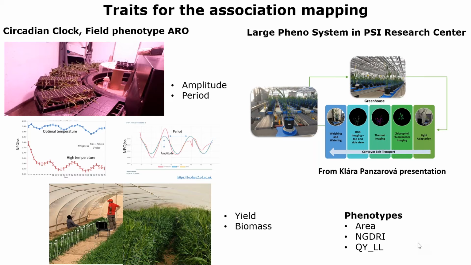Recently we also received some data from the PhenoSystem of the PSI Research Center for some traits like area, NGDRI, quantum yield. We received many traits, but I'm going to present only some of them because of the limitation of time.